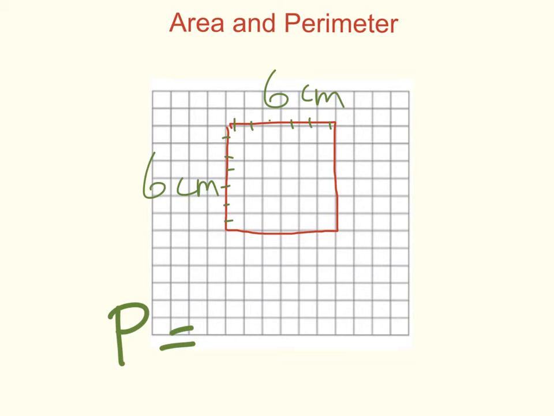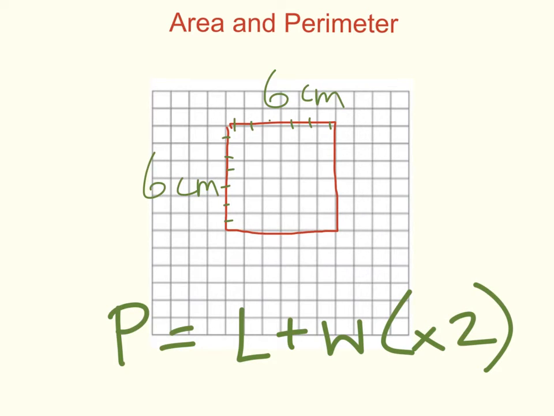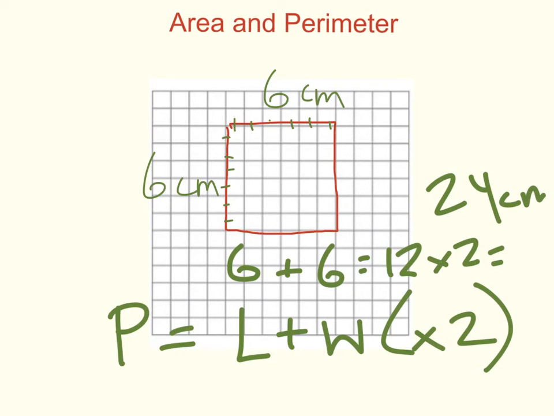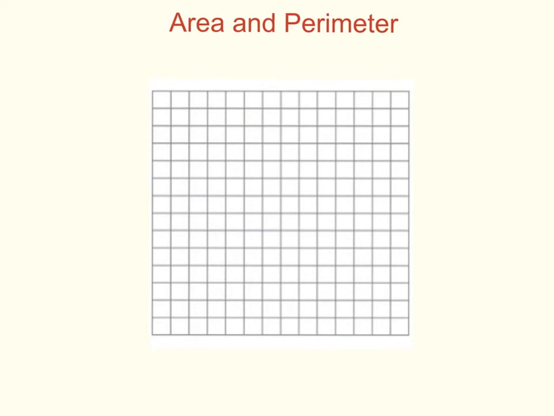Perimeter is length plus width times 2. So if my length is 6 plus my width is 6, that equals 12. And if I multiply that by 2, I get 24 centimeters. Excellent.